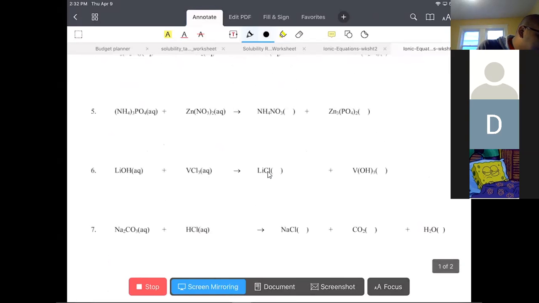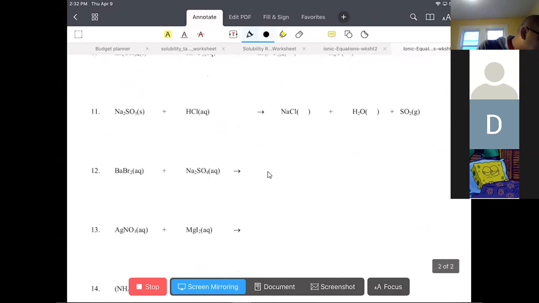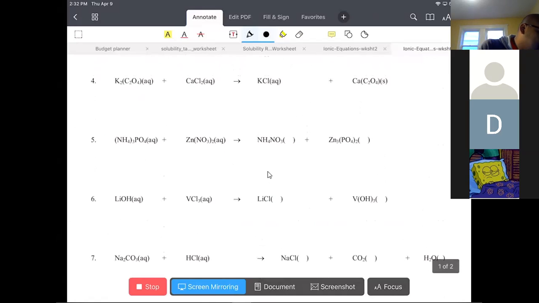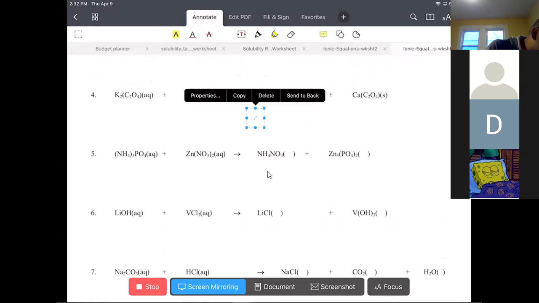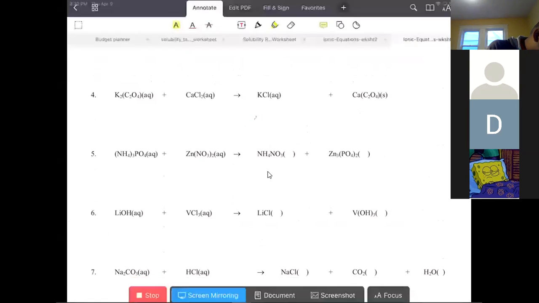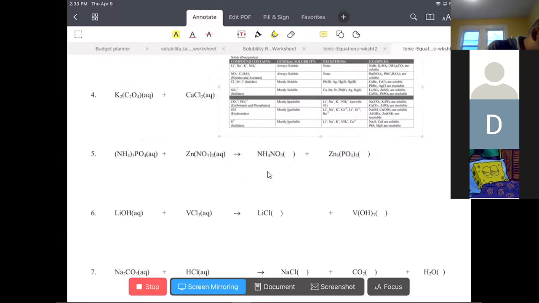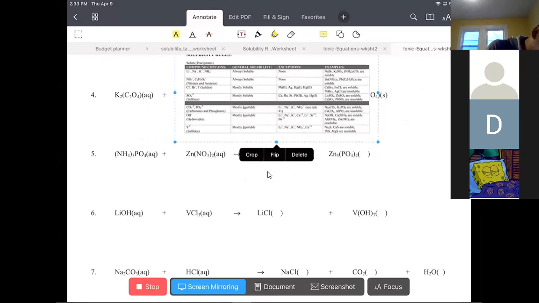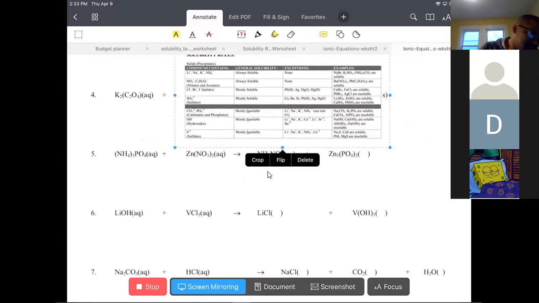So problem number 5 is important because of the reason why in the last class or lesson, whatever you guys are calling this, I wanted to make sure that we had our understanding of how to use the solubilities, because we have to use these charts.